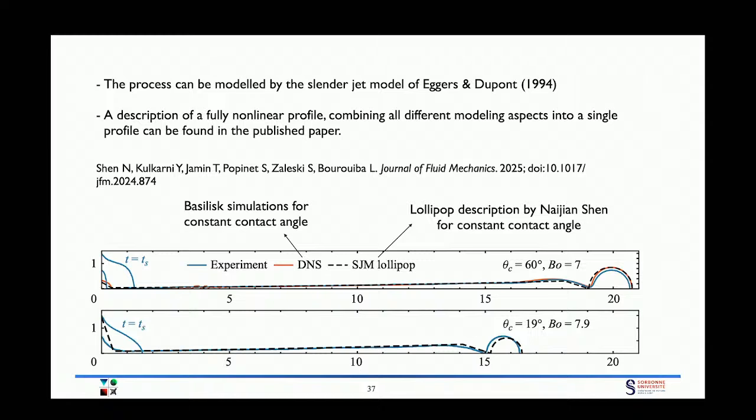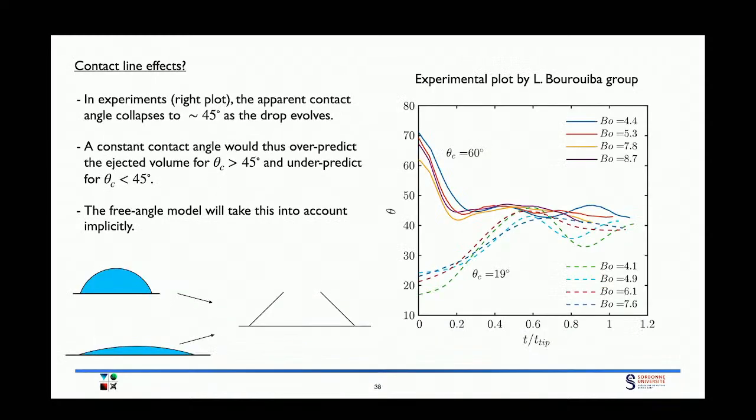Here we also have the slender jet lollipop model developed by Néel and Deike, which predicts the size of this drop based on a lollipop shape added on top of the slender jet model. And here we have our DNS simulations, and in this image you can see that all three align perfectly: the DNS simulation, the lollipop model and the experiments. Now we have our simulations validated for this tip drop.